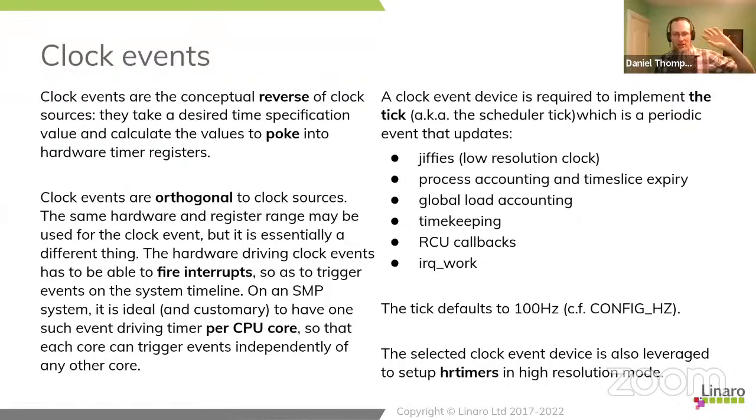I believe that what will happen is the clock source's overflow point will be calculated in advance, and then clock events can be used to roll it over so that you don't lose track of time. So they interplay. But ultimately, it's a device that fires an interrupt after a certain amount of elapsed time. On SMP systems, it is normal and also optimal for there to be a different clock event source per core.